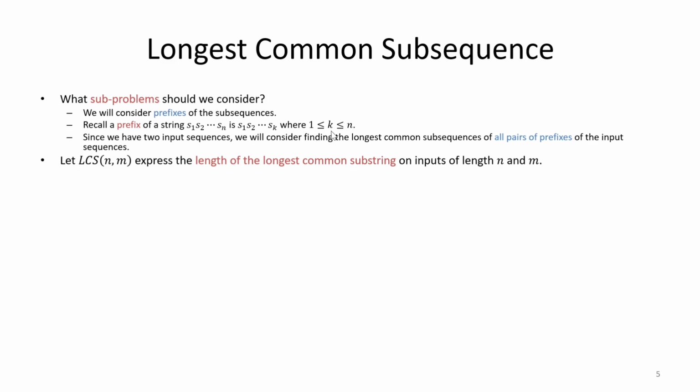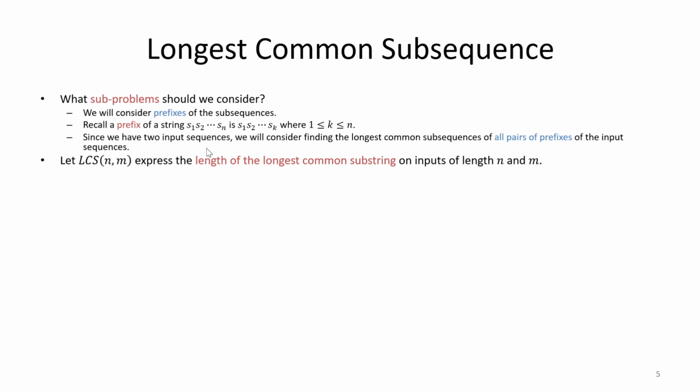Actually, from 0 up to n if we include the empty prefix as well, which of course we might do. So if we only had one input sequence, considering all possible prefixes might be n or n plus 1 if we include the empty one again. Different possible scenarios here that we might need to consider. That would be a one-dimensional problem.